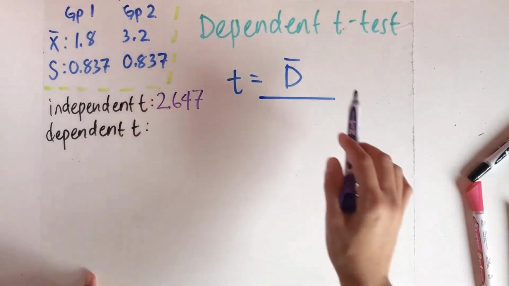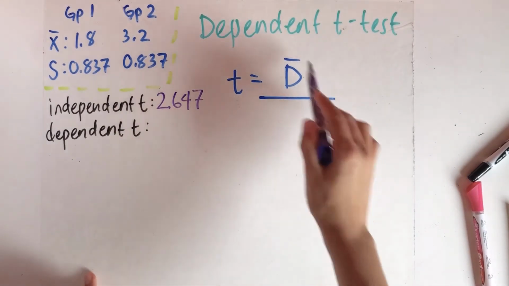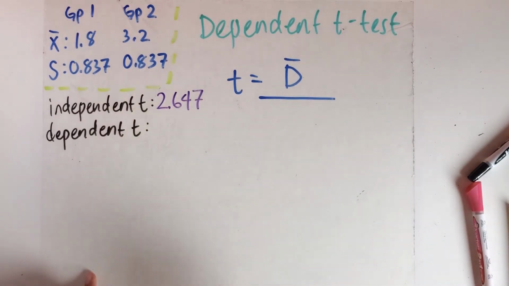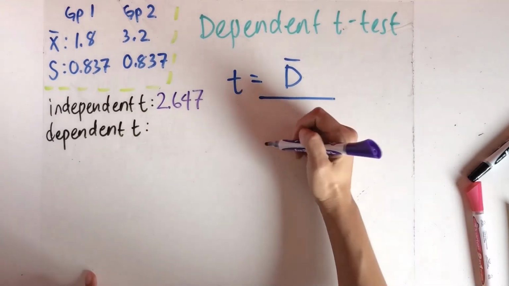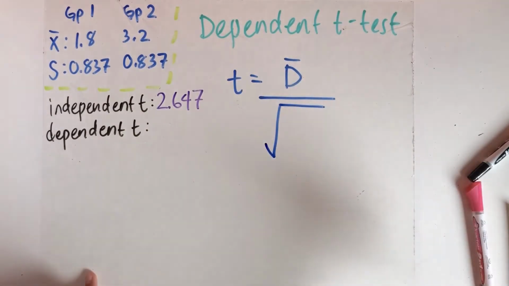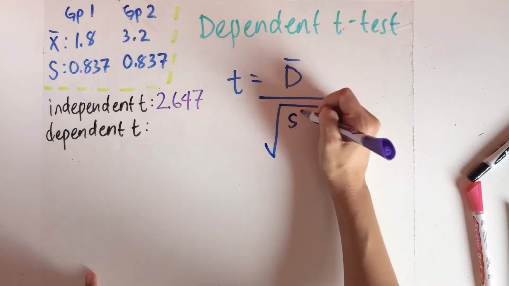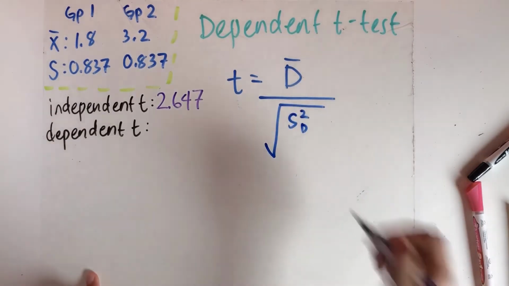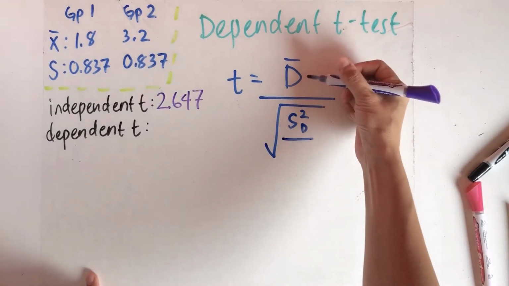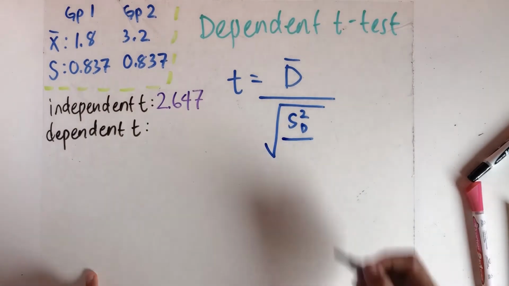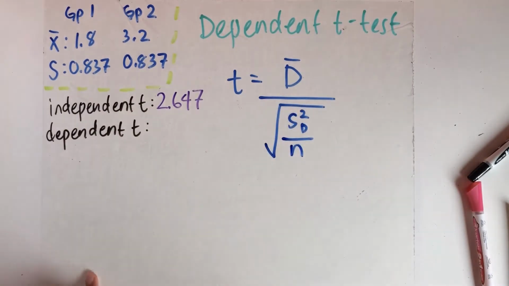Instead of x1 bar minus x2 bar, the two means, we have this big D bar. So this is a different kind of mean. And then we're dividing that by the square root of a variance, which has to do with this quantity, and we divide by n, where n is the number of pairs of observations.